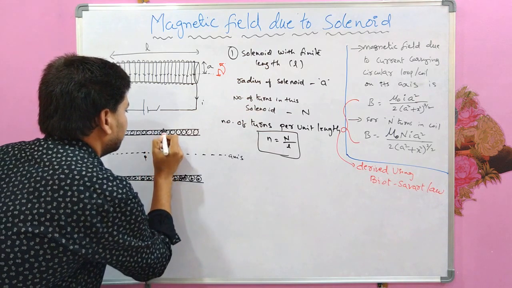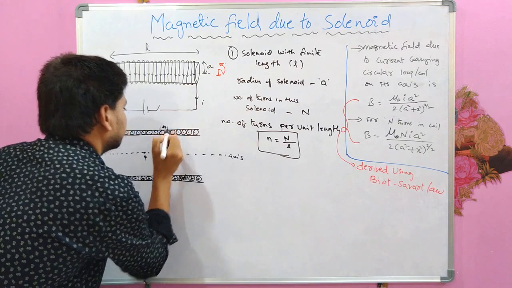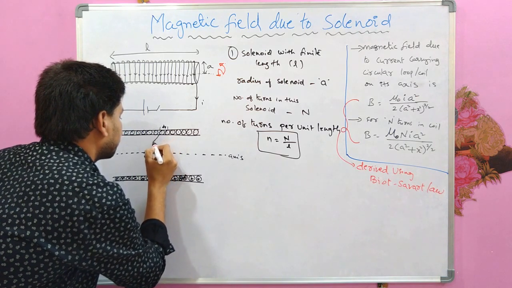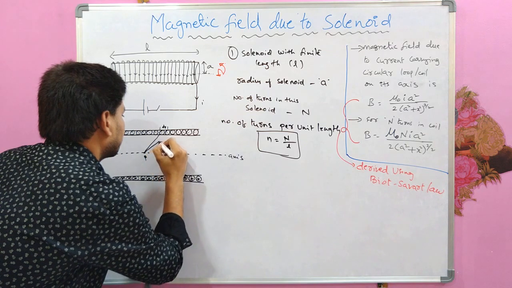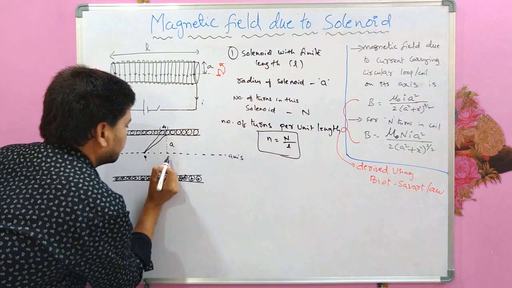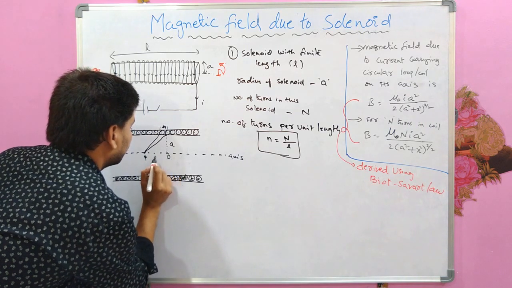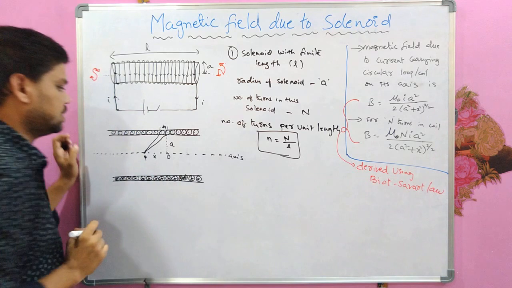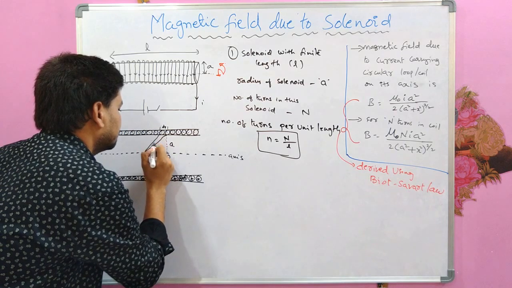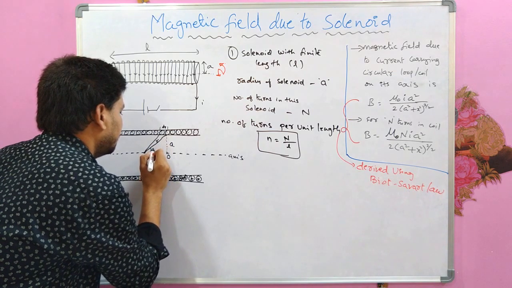So for example, if I take this as dx, and this is A, let me take some point O, the distance between O and P is x, and from dx to P it is R. Let me take this angle as theta.